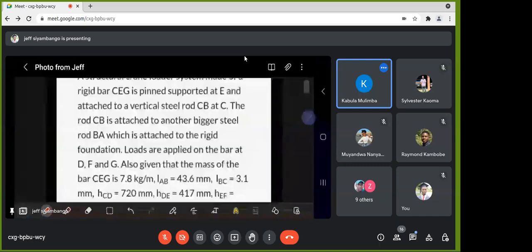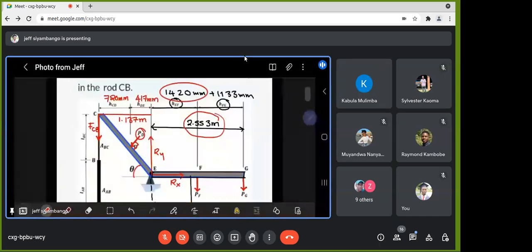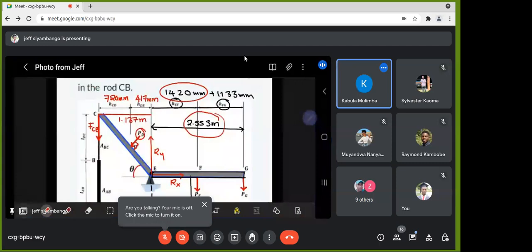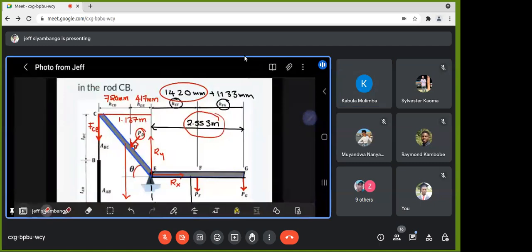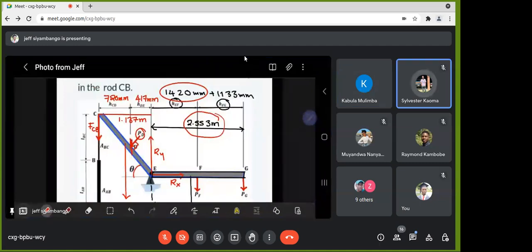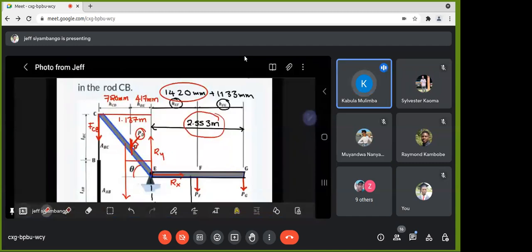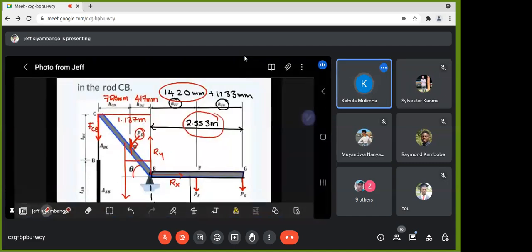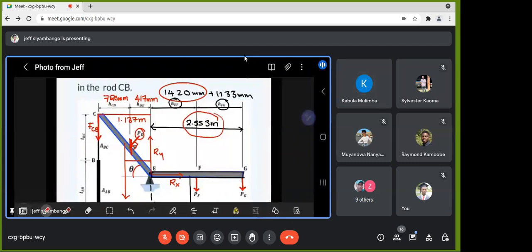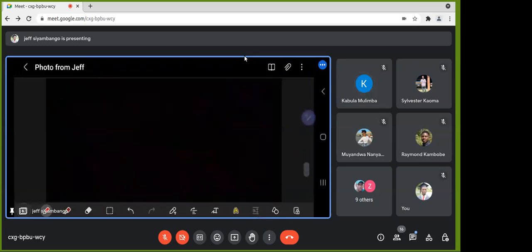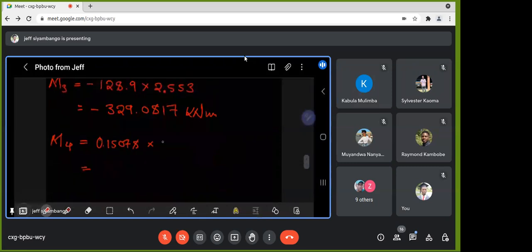I think you can use the actual diagram. Okay, even the actual diagram works. So what would be the distance? No, it's not DE. DE is for this force here, PD. The distance for this one has to be from here to there. Half of 1.137. Yes, half of 1.137. So we're going to multiply this with half of 1.137.